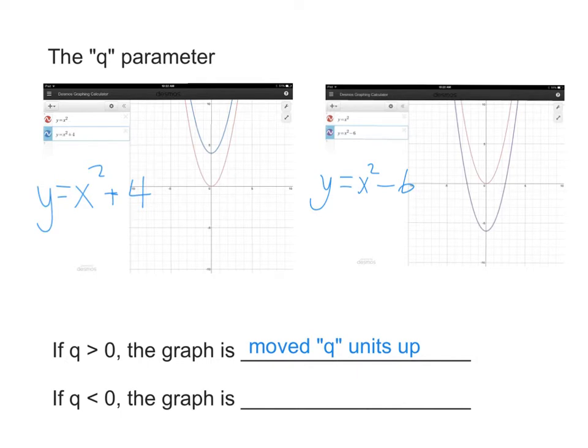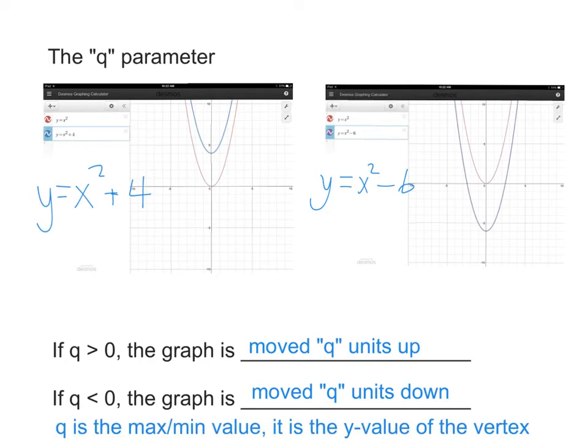If q is less than 0, the graph is moved q units down. So if it's a number that's subtracted on the end, it moves down. If it's a number that's added, it moves up. That's probably easier to understand than the p parameter. What are your other observations about q? So q is the maximum or minimum value, and it's the y value of the vertex.